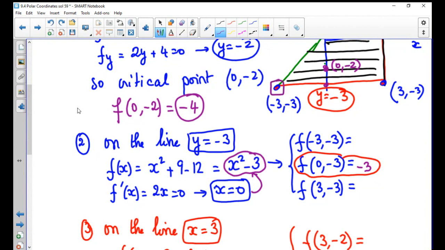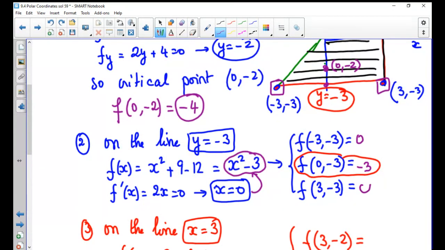You also need to consider these 2 points at the end of the interval. So you need to find the value of the function here and also here. Please substitute. This will give you 0. Is it 0? And also this?